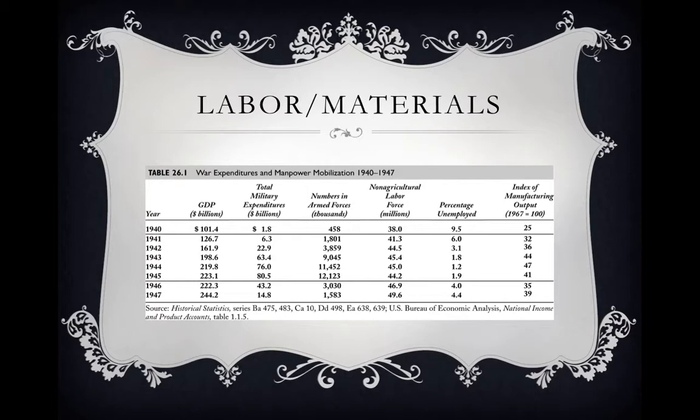What do we see with unemployment as we move into World War II? We see a dramatic decrease. It's 10% in 1940, falling to 6% in 1941, and then falling all the way down to 1.2% in 1944.